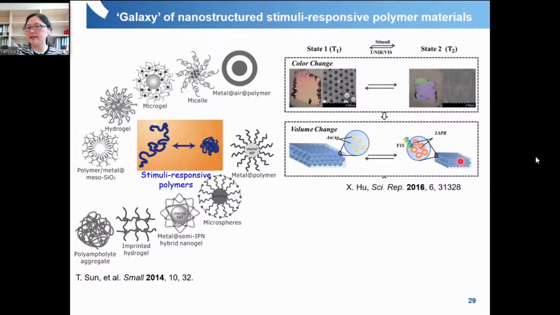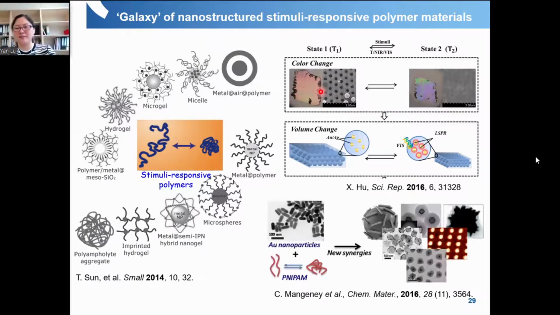In this case, you will of course change the distance of your plasmonic nanoparticles, and this will change the surface plasmonic absorption effect of your particles. And you see from the photo that you change the color of your substrate when you change the pH or temperature in that case.